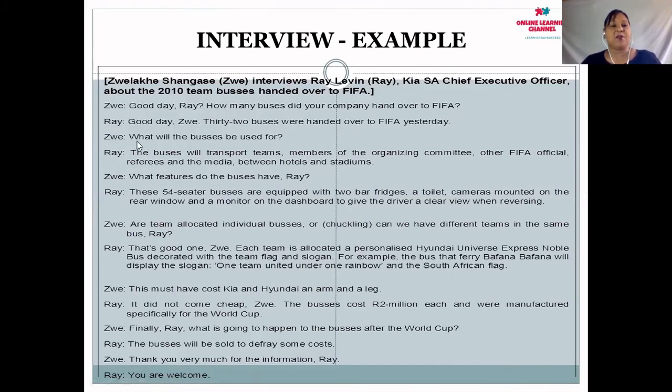And he's asking specific questions related to that, about the buses, how they're equipped, how they're decorated, whether each team has their own buses or whether everyone's going to be in the same bus. So that was the focus of this interview, and the interview was written and structured towards that focus. And if you notice, those questions were specific to that purpose as well.